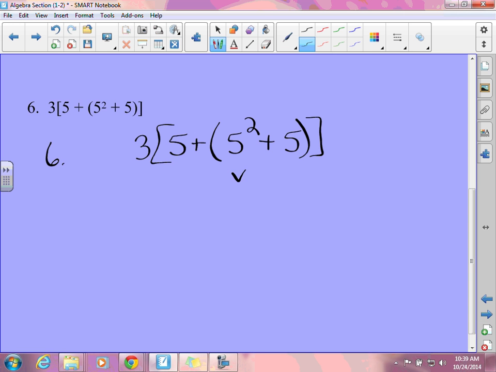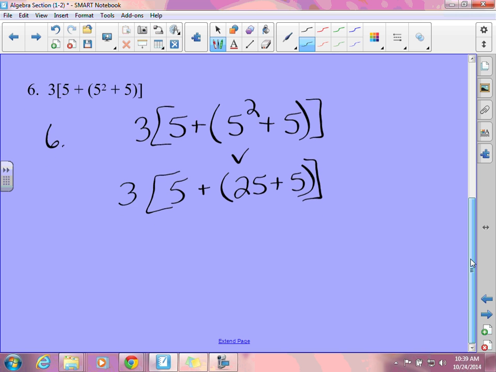Now what do I do? Inside the second parentheses, very good. And so 25 plus 5 is 30. Now you can put the parentheses there if you wish, but because the number's by itself, you don't need to. I'm going to, because I think it might make it easier for you. Now what do I do?